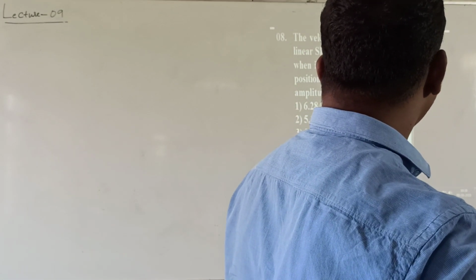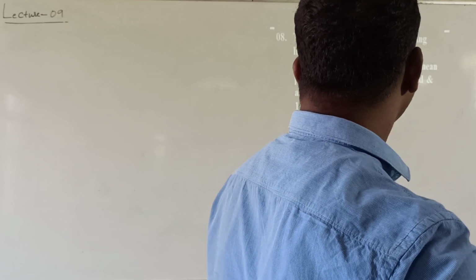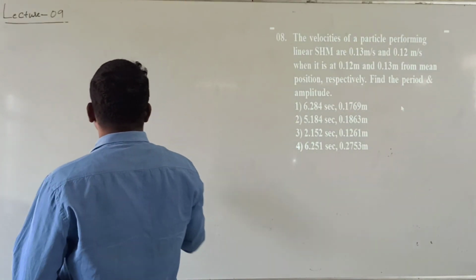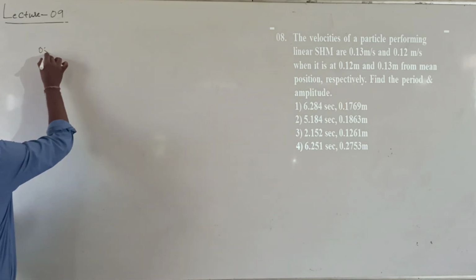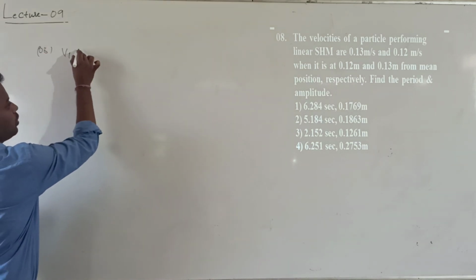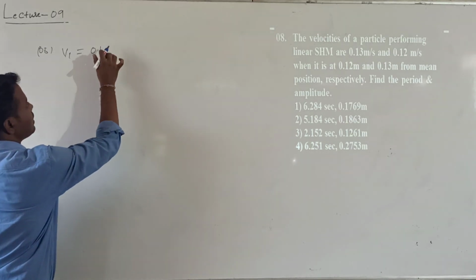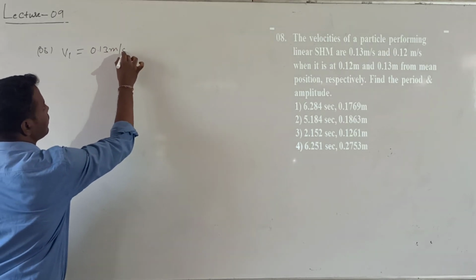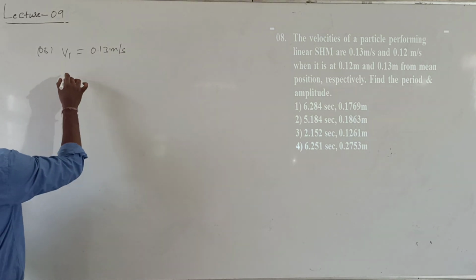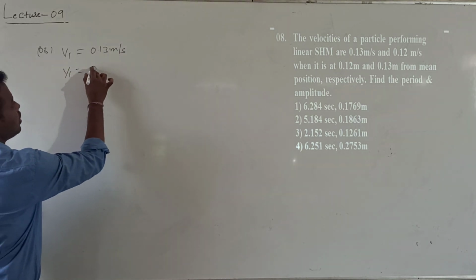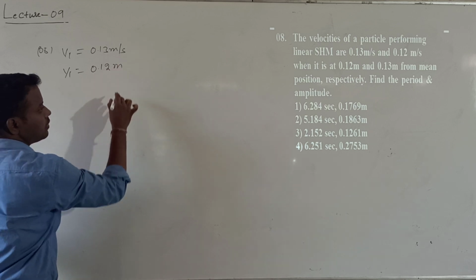So what we want to calculate is... now two velocities are given. First one, v1, value is 0.13 meters per second at a displacement of y1, 0.12 meters.